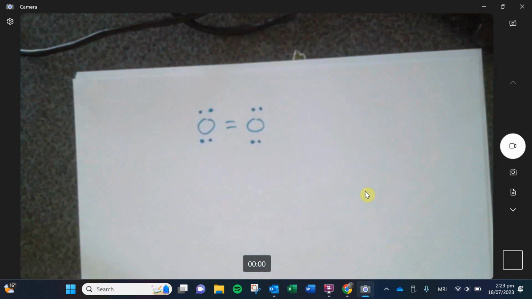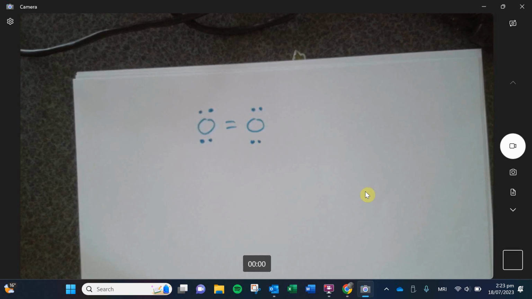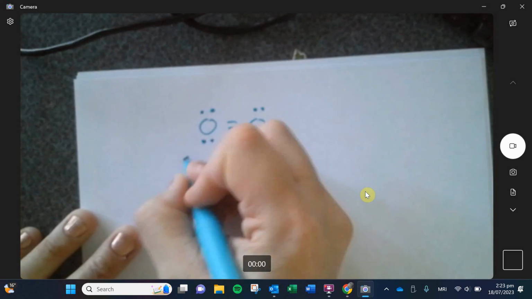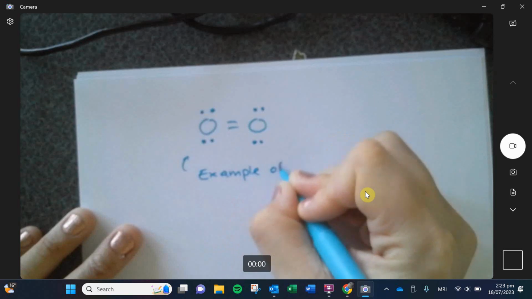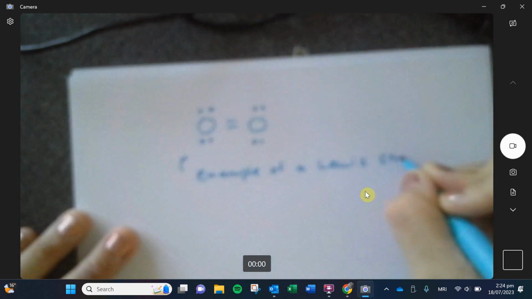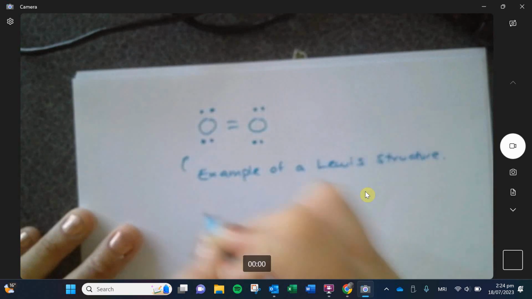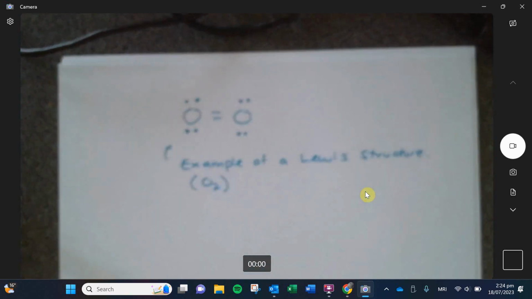So that's an example of a Lewis structure, and that is a Lewis structure for oxygen gas. This one is oxygen gas, if you were wondering.